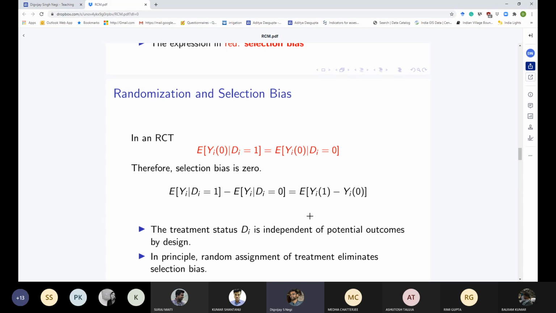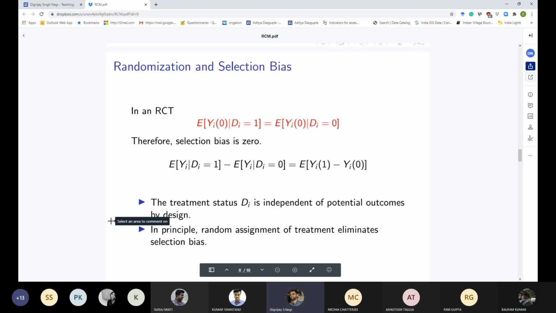Simple, but only when you achieve true randomization. If you are able to do that, then the treatment status D_i is independent of potential outcomes by design, because by design it's random, uninfluenced by anything. So in principle, random assignment of treatment eliminates selection bias.